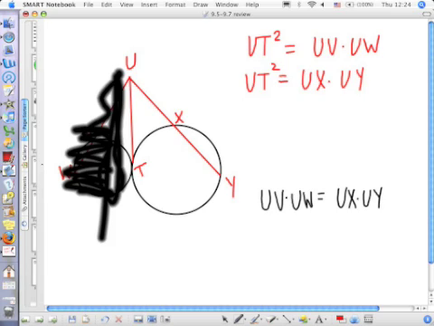This is equal to UT squared, and this is equal to UT squared, so they equal each other through substitution. That one required us to take our focus off of one circle and put it onto the other. That was number 11.